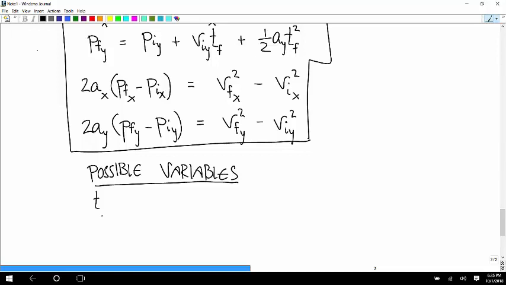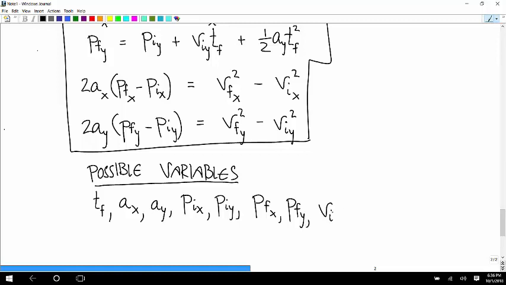So now we have time final, acceleration, but that's broken down into X and Y components, initial position, X and Y, final position, X and Y, and then initial velocity, X and Y, and then final velocity, X and Y. Okay, so 1, 2, 3, 4, 5, 6, 7, 8, 9, 10, 11.